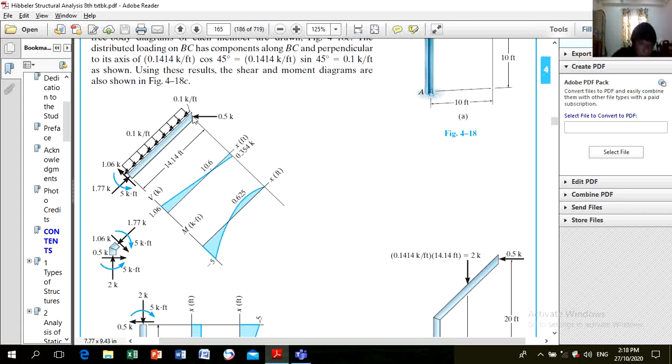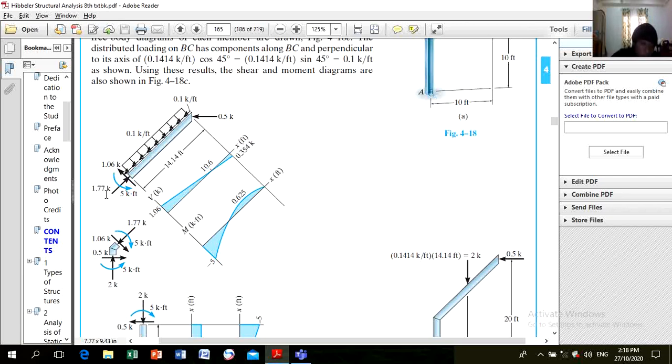So the components here are 0.3535 plus 0.1 times 14.14, which is 1.77.